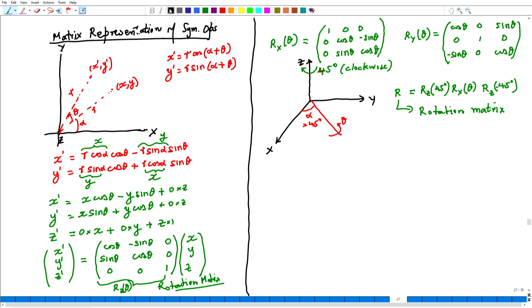Next, let us now see how this rotation matrix representation will help us with the group. So, for example, let us consider group 2, which we had considered in the last lecture. If you recall, it is the identity operation followed by a rotation of 180 degrees, pi.